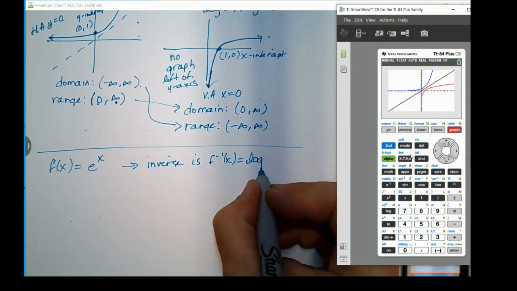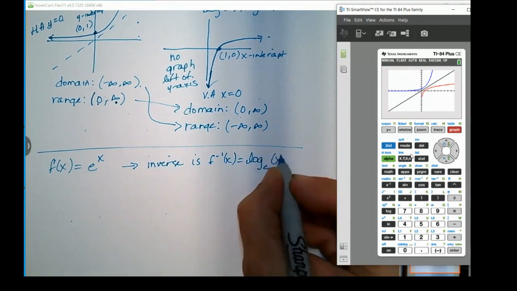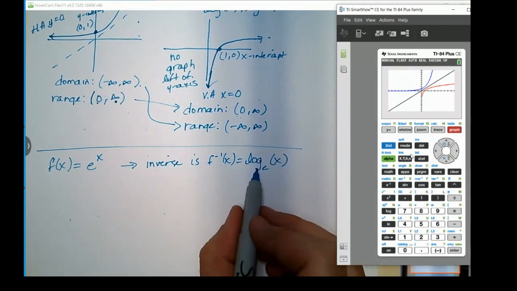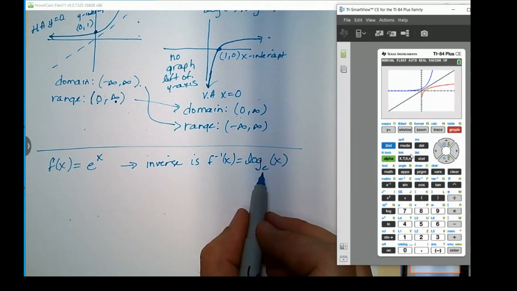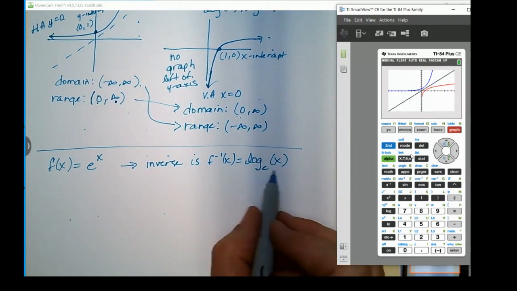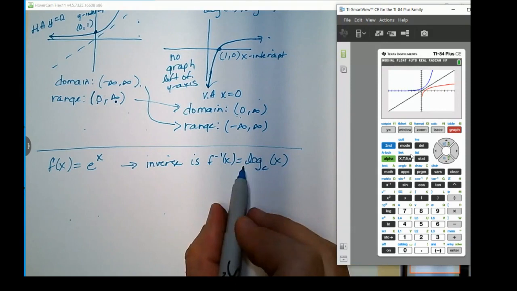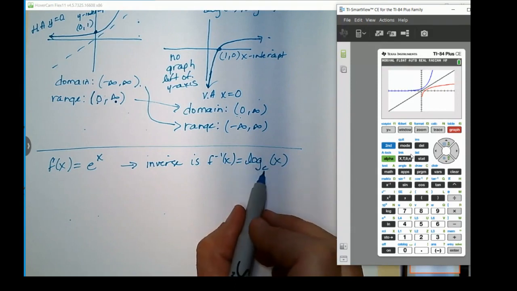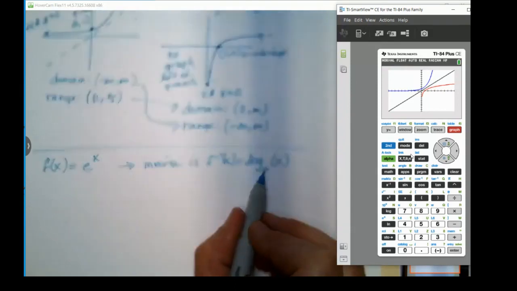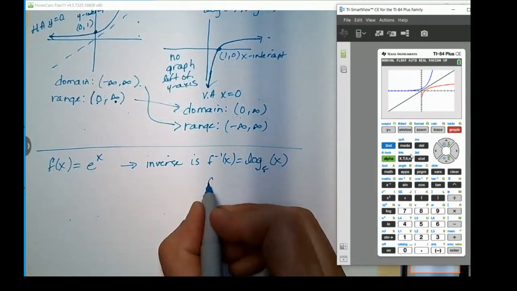That's going to be the log base e of x. This is one that gets used a lot. It has a lot of applications in the natural world especially. So we actually have an abbreviation for this one because it gets used so much.